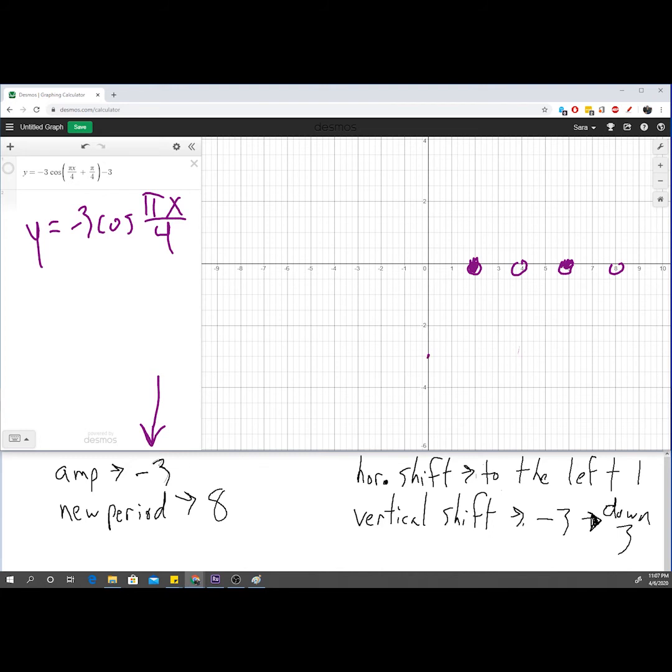So now this is going to start at the minimum and then have a 0, and then go up to a maximum of 3, and then a 0, and then have a minimum again of -3. And I can see there 1 complete period. And then I can repeat it: 0, maximum, 0, minimum.